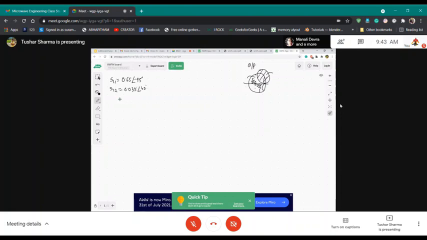So S12 is this thing. S21 is 5 angle 115 and S22 is 0.8 angle minus 35. So these are all the S parameters.